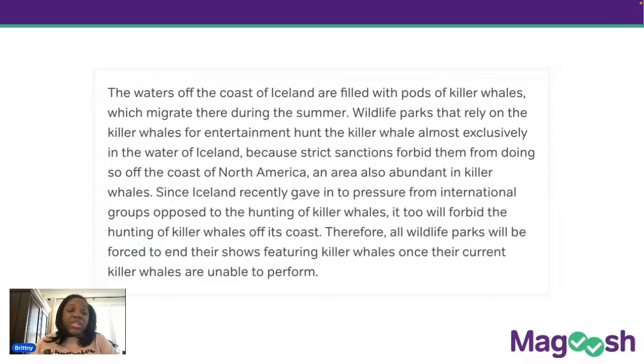Since Iceland recently gave in to pressure from international groups opposed to the hunting of killer whales, it too will forbid the hunting of killer whales off its coast. Therefore, all wildlife parks will be forced to end their shows featuring killer whales once their current killer whales are unable to perform. So here's our conclusion, right?